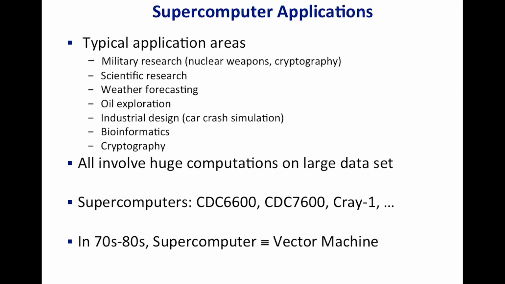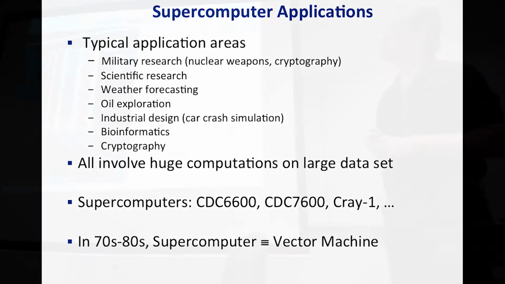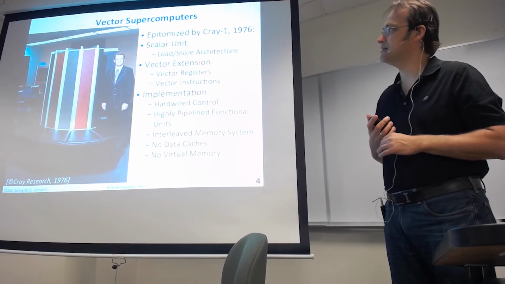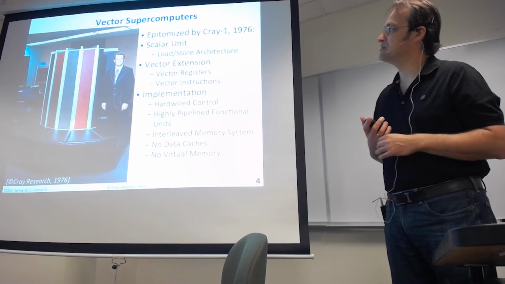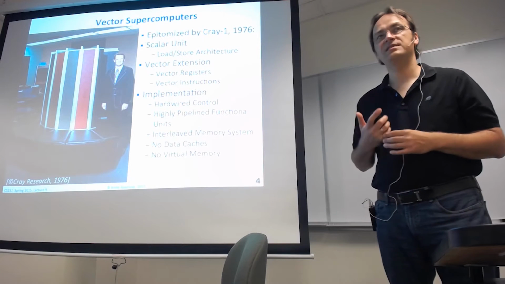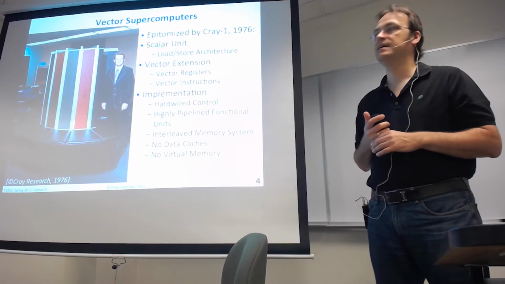Basically during the 70s and 80s, supercomputer was pretty much synonymous with being a vector machine, the vector supercomputer. All the high-end machines were vector supercomputers. Now the Cray 1, which you'll be reading about for next time, really defined this genre. There were a few earlier vector machines, but they were not very successful.